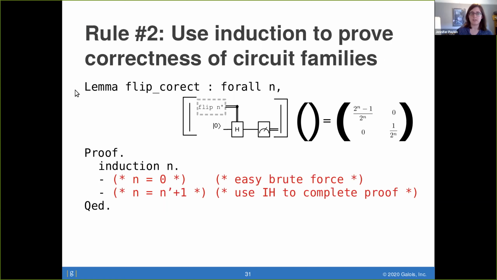But if you have a proof that you would write on paper that uses a particular proof technique, I like to think that you can replicate any of those paper proofs in Coq. I don't know if that answers the question. Okay, great.